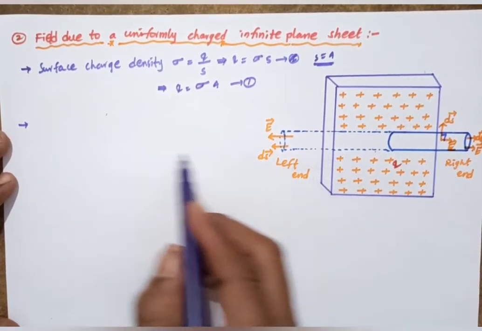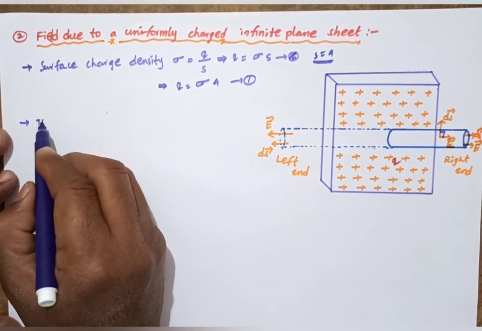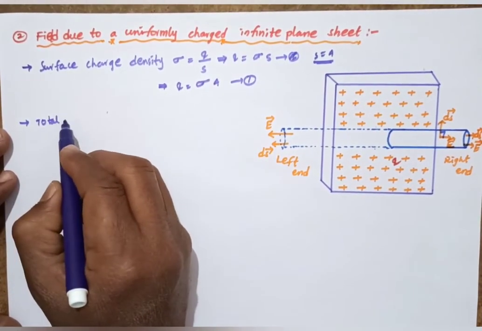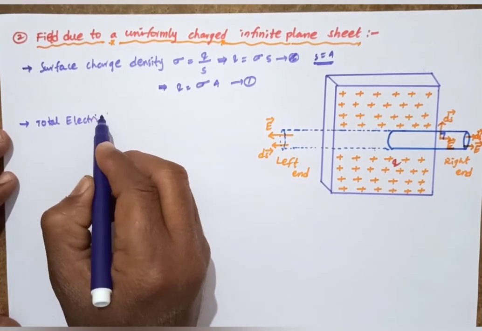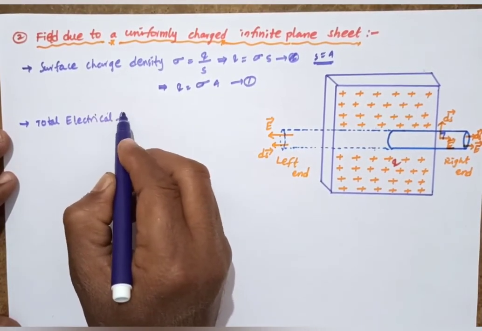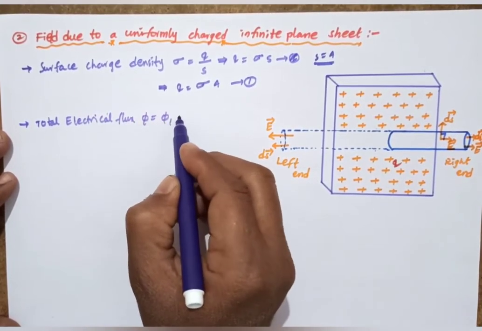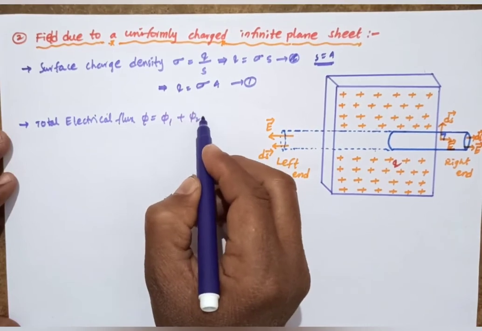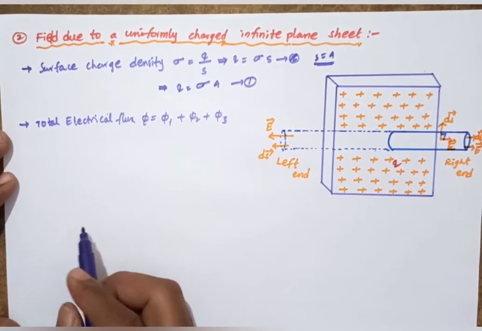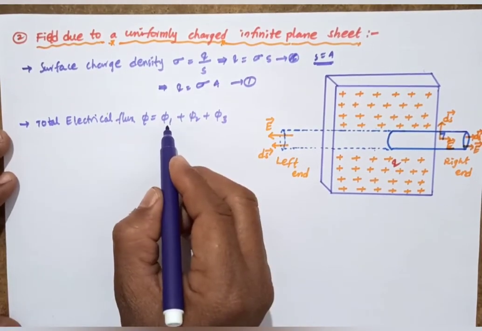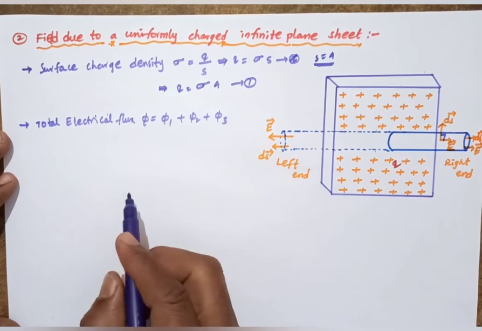So here we consider the total electric flux, so phi equals phi 1 plus phi 2 plus phi 3. Here it is the left hand side, the right hand side, and the curved surface.